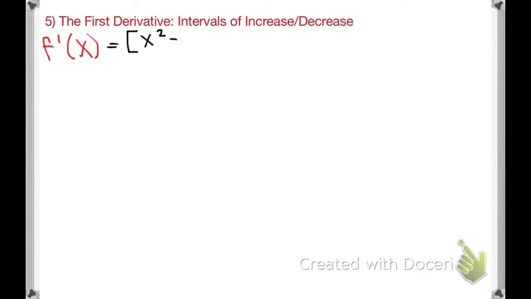So we write that as x squared minus 4 times 2 times the quantity x minus 4 times 1. And from that, we're going to subtract the quantity (x minus 4) squared times 2x.